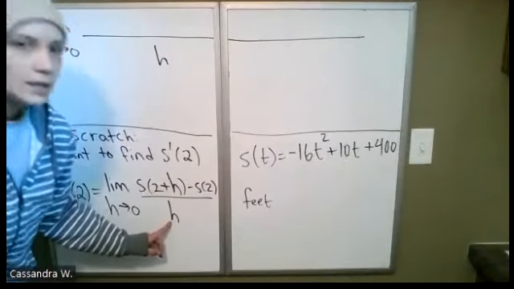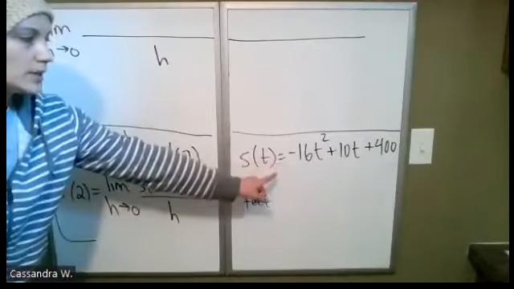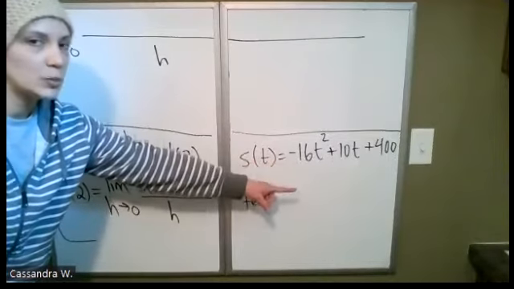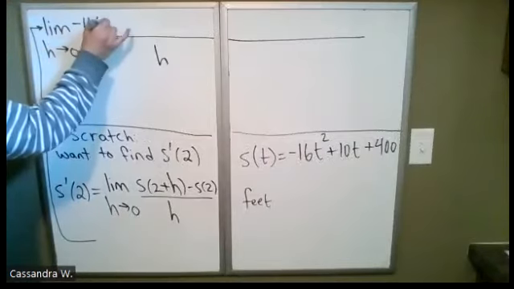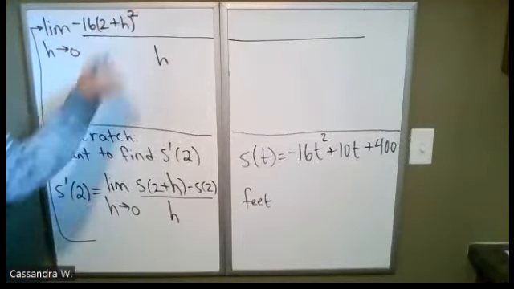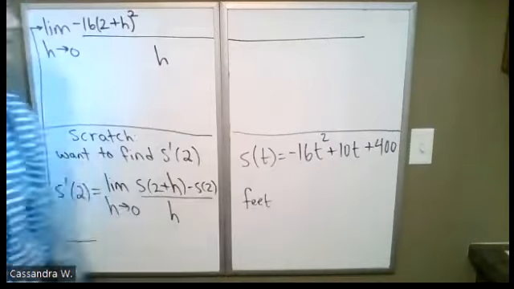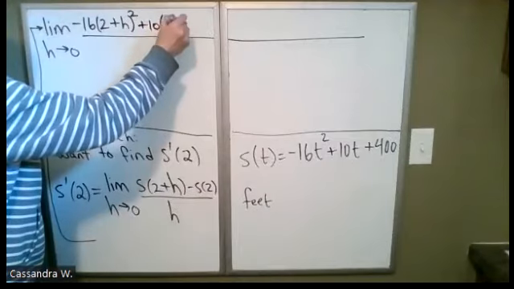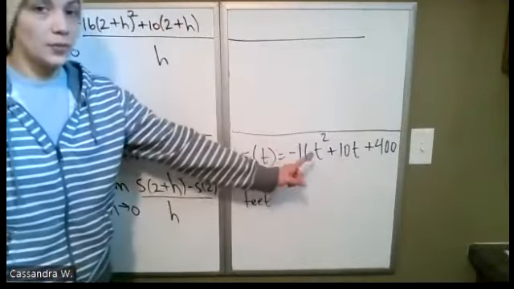There's my h. In the numerator, we need s of 2 plus h. So we're putting 2 plus h through this function with negative 16 times 2 plus h squared. Okay. Add 10 times 2 plus h. Add 400.